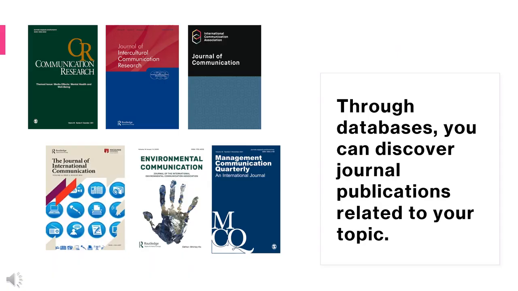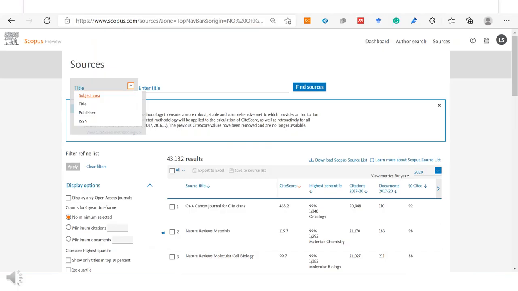It is also through databases that we can discover the different journal publications that are related to our topic. For example, we wanted to search for the journals which are related to communication.